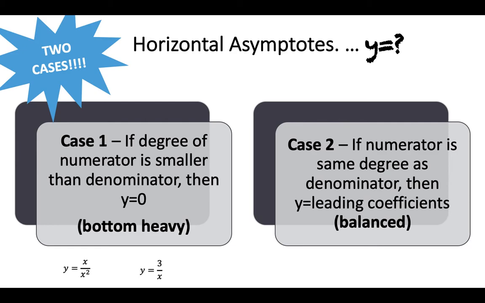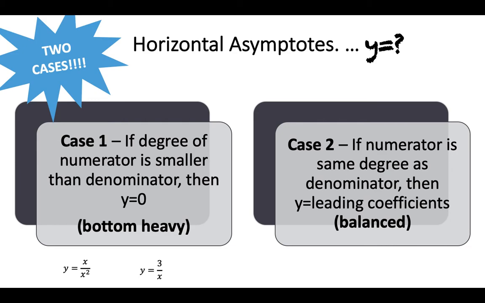And if you remember, the degree of an expression is the largest exponent. So an x squared value has a degree of 2. An x to the 7th value has a degree of 7. An x to the first value, or just a plain old x, has a degree of 1 because it's x to the 1.